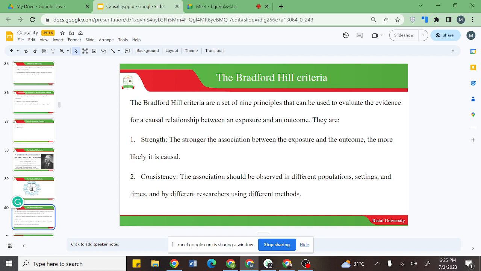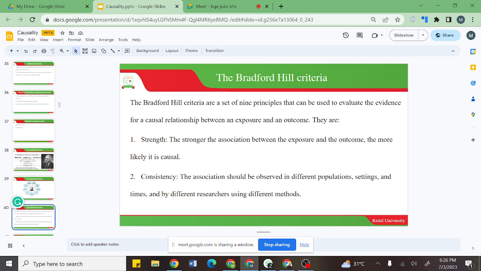Consistency is to do with the fact that the association between the exposure and the health outcome should be seen in different populations, in different settings, in different times. Even different researchers should find the same thing.